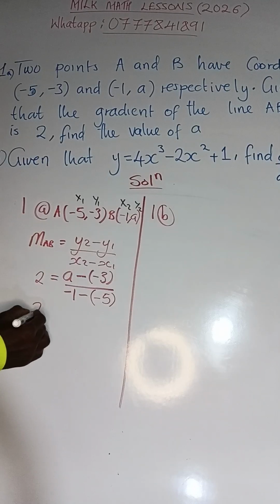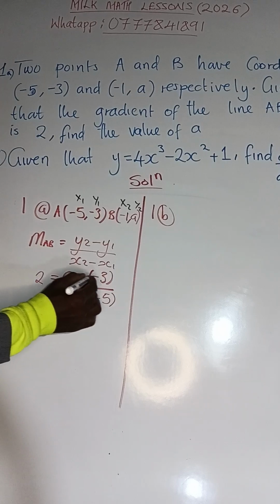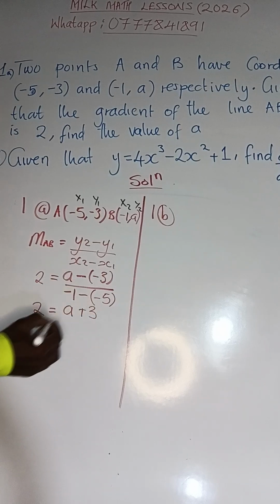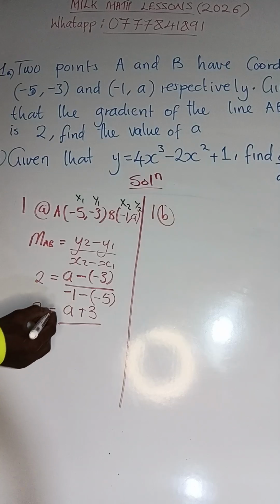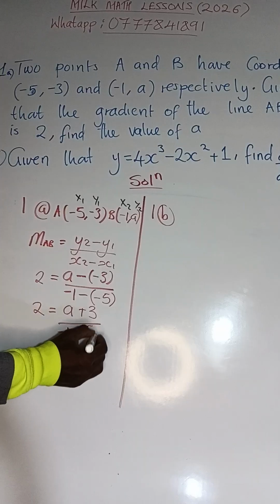Then now we are going to have 2 equals a, negative times negative is positive, so you have a plus 3. Then you divide. Here we have -1, negative times negative is positive, then 5, so it is 4.